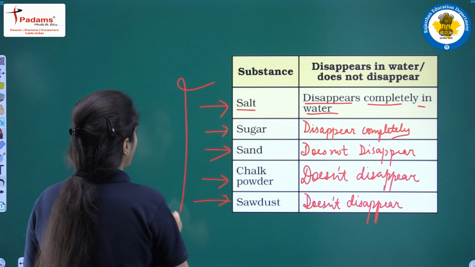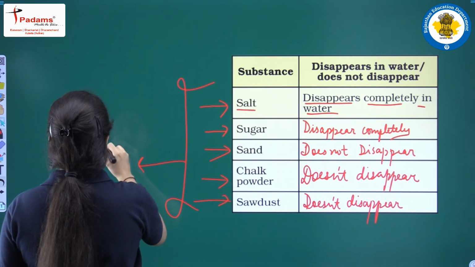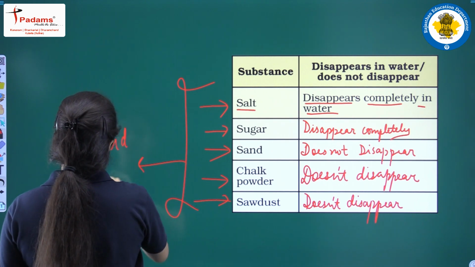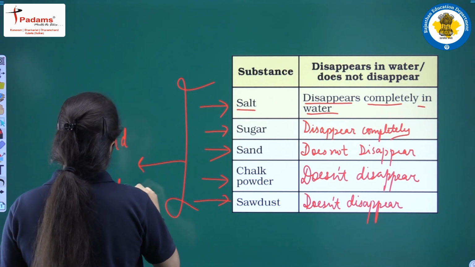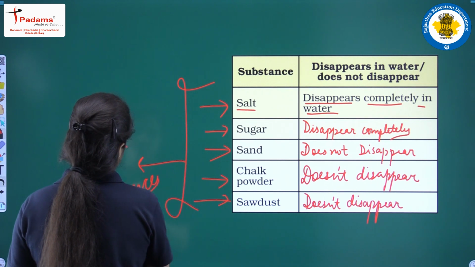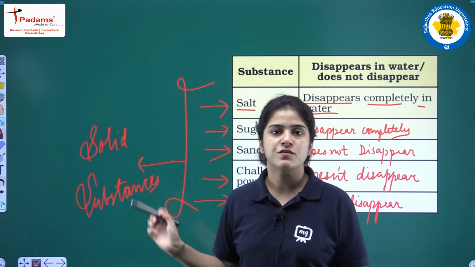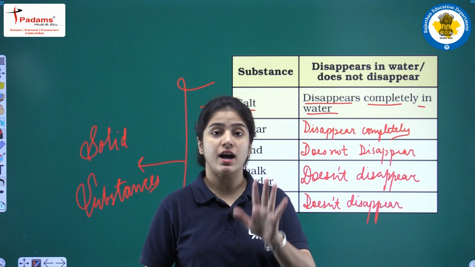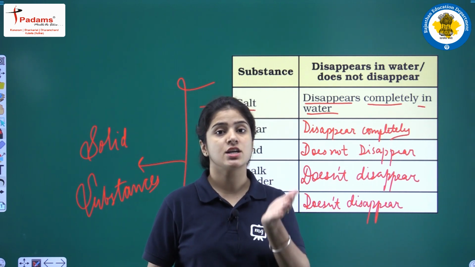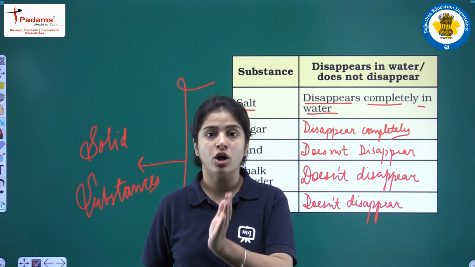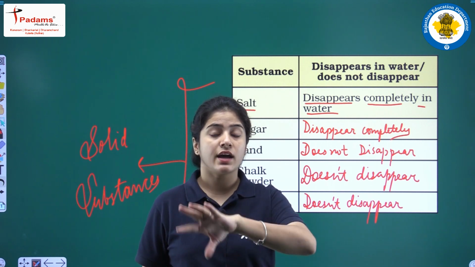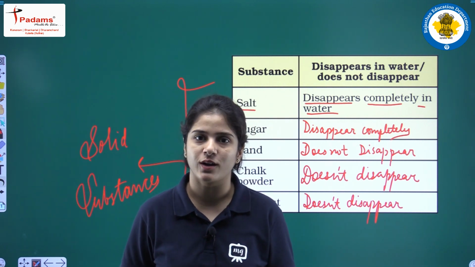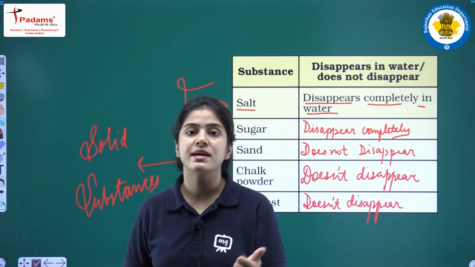These are the cases of solid substances students. So there are some liquid substances that get dissolved in the water or mix well in the water, and there are liquids that do not get dissolved in the water or do not mix in the water.